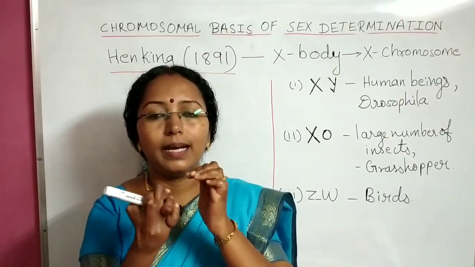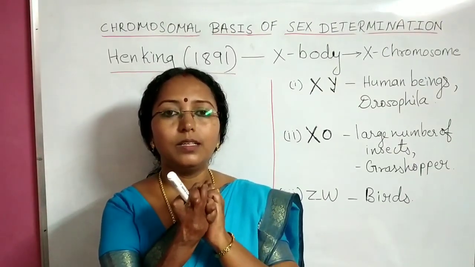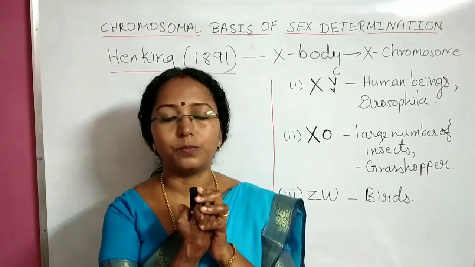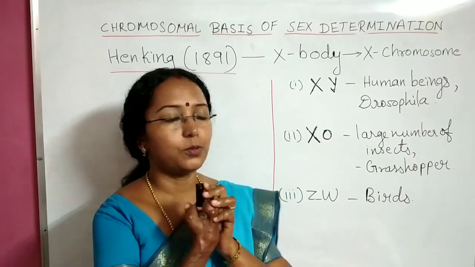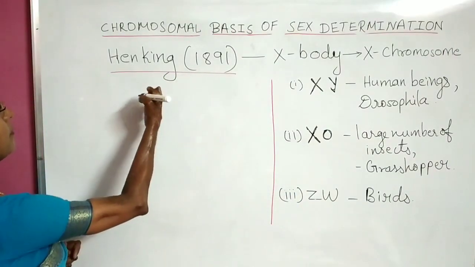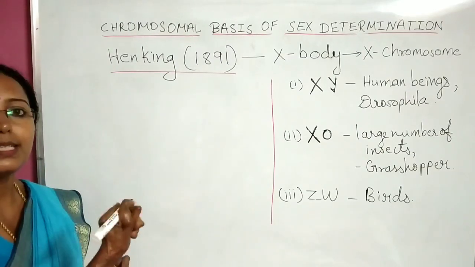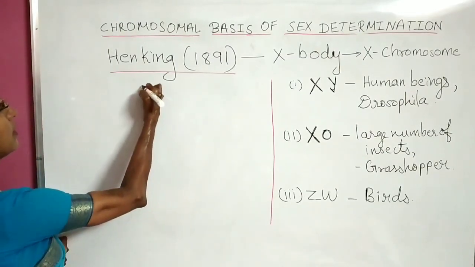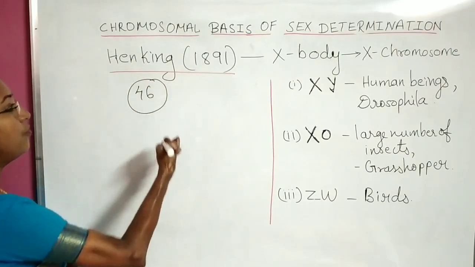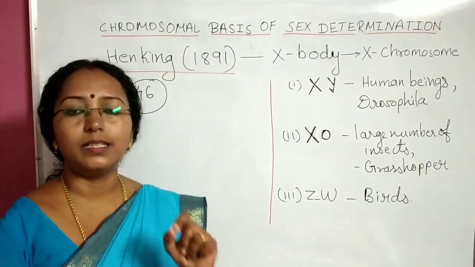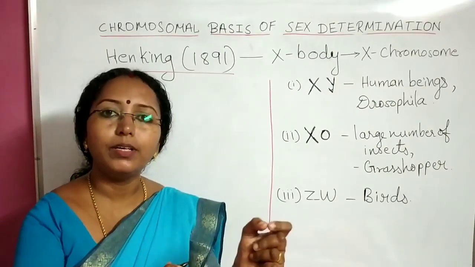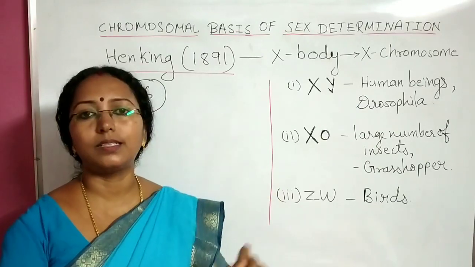Before going directly into the topic, you should know certain small aspects regarding chromosomes. Let us focus. Every human cell has 46 chromosomes inside it. Every cell in our body has 46 chromosomes.